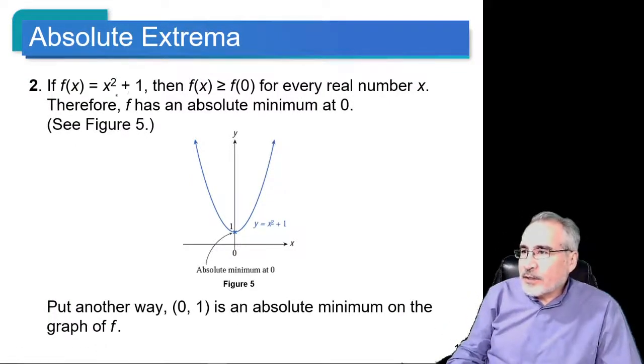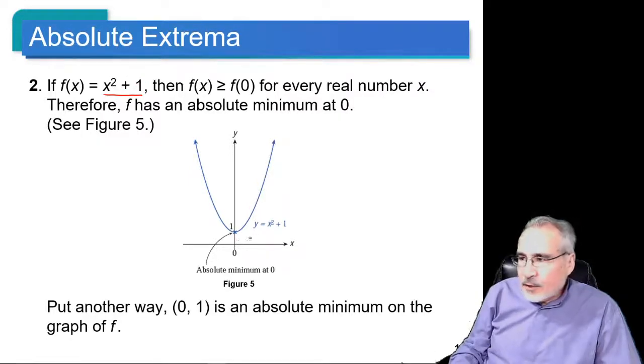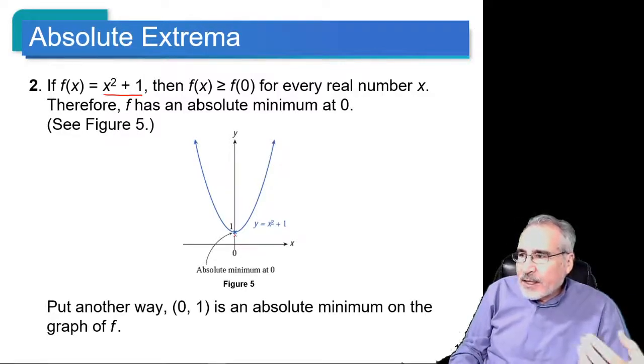Now we're going to start making the tie between actually having a function and its graph. If we were to graph the function f of x equals x squared plus 1, it's a parabola opening upward. It's also the vertex. We've been finding points like this for a long time. A parabola will have a minimum, or its maximum, depending upon whether it opens up or down.